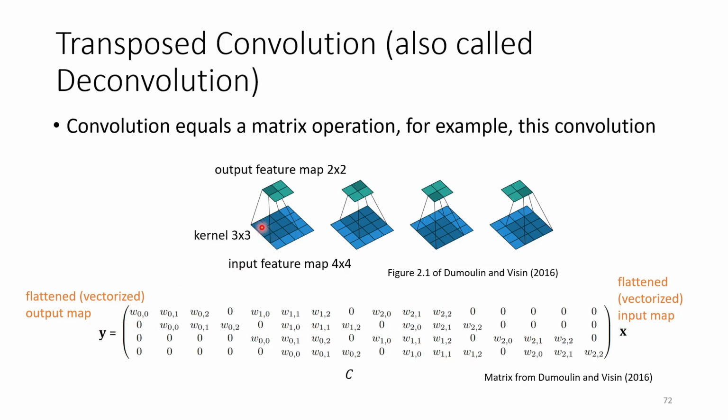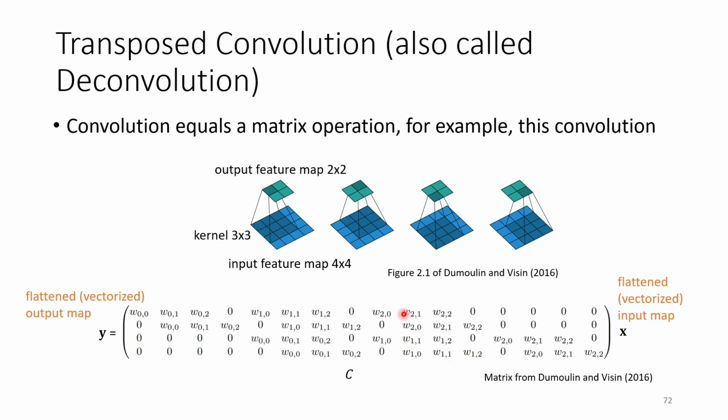The weights of the convolution, W00 to W22, can be expressed as a matrix C. So the convolution can be viewed as a matrix operation.